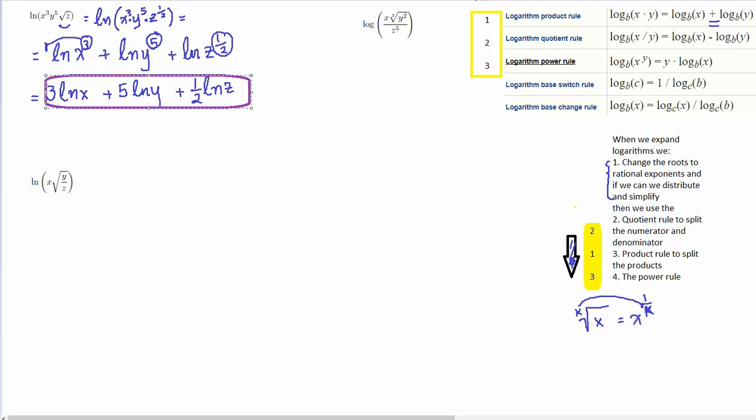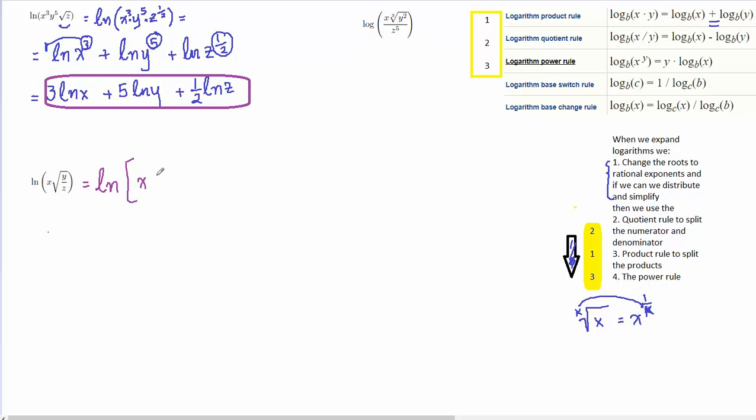Let's work with the second problem. Tell me, it's again a natural logarithm, and I have a square root. So I'm going to work with the square root first, and I'm going to rewrite it as ln of, inside the argument. Remember, parentheses, square brackets, or curly brackets is the same thing.